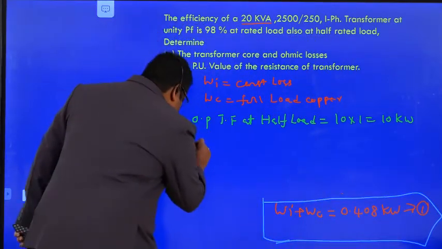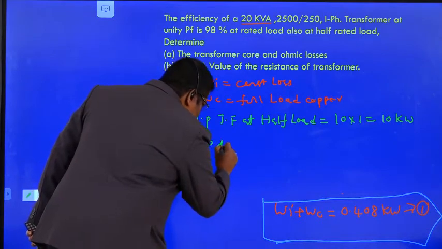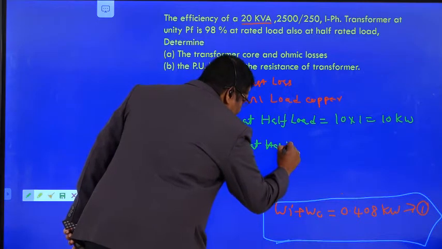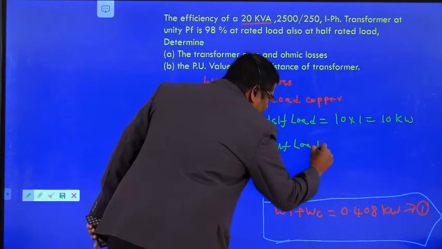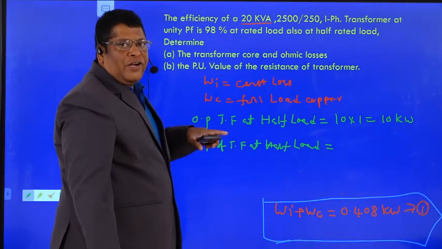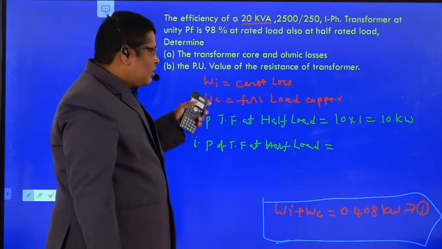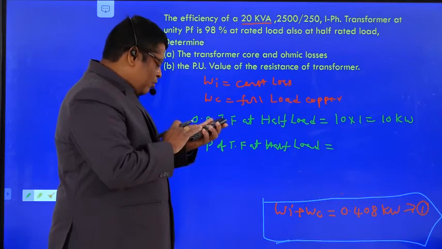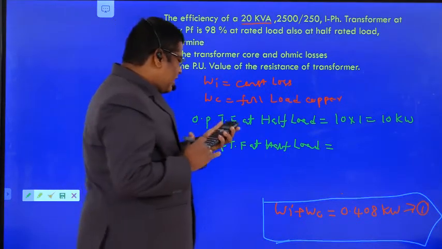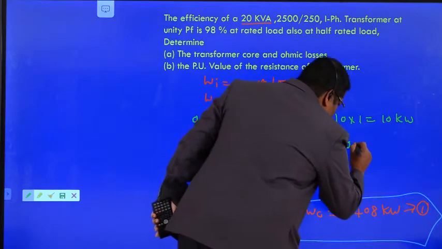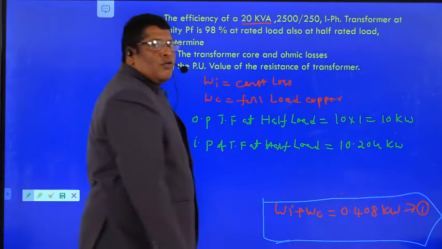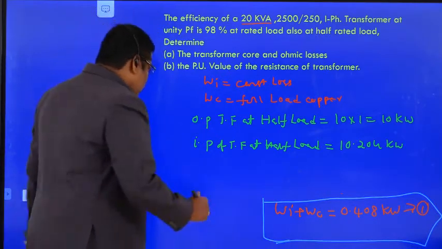The input at half load is output divided by efficiency, 10 divided by 0.98, which gives 10.204 kilowatt.